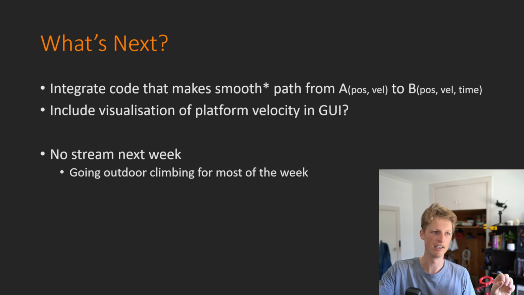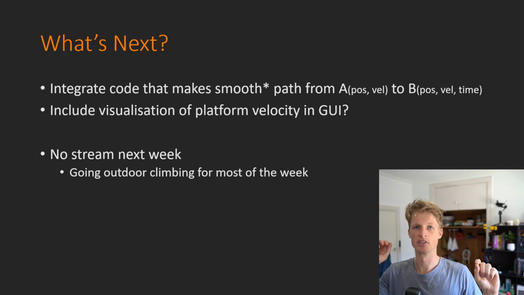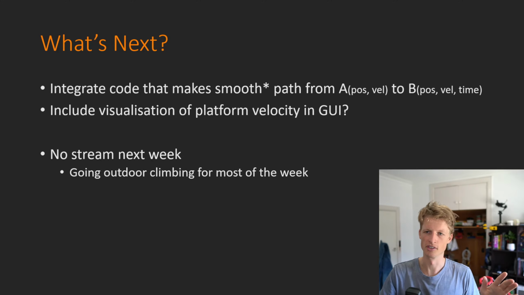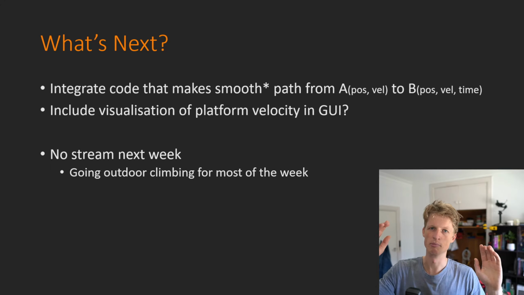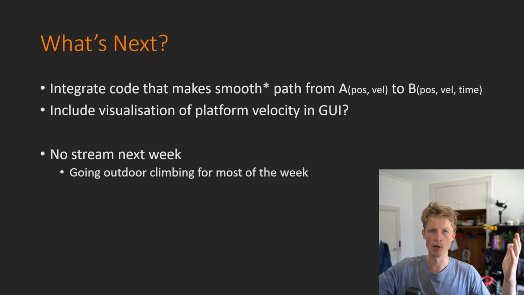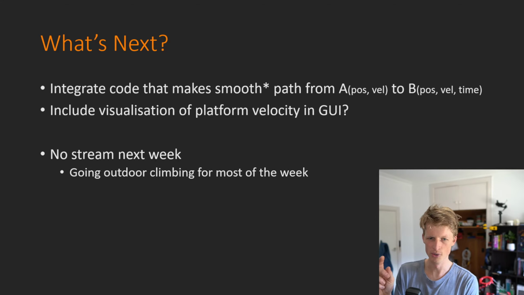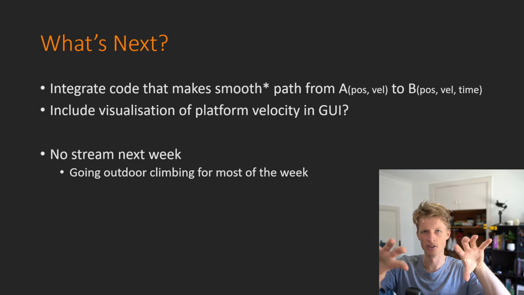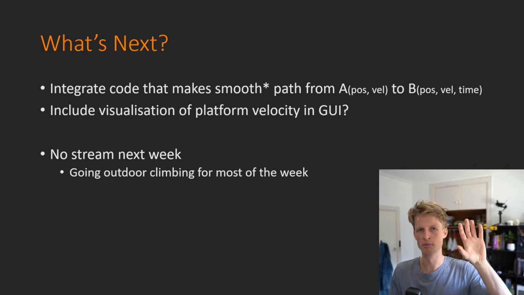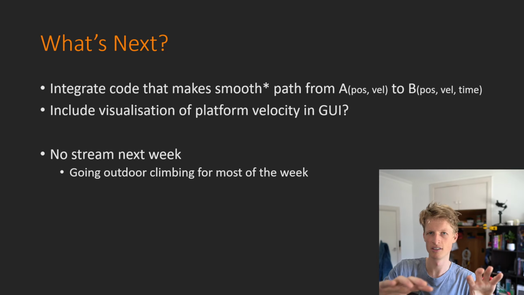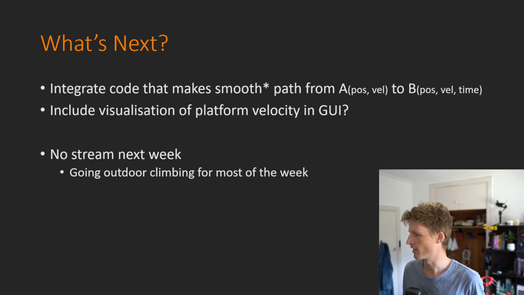That will maintain smooth position and smooth velocity between those two poses, if you will. If anyone knows the correct term for this, that's another thing I'm curious about. I've been using pose for position and orientation, but what do you use for position and velocity? Is that also pose? I don't know. State, maybe?